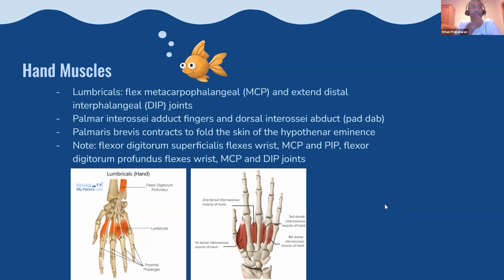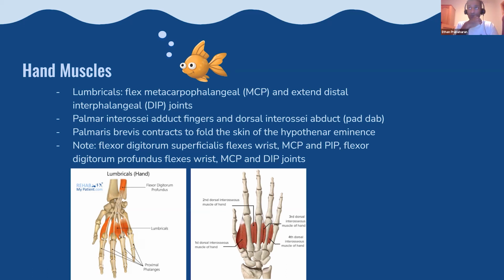Now, aside from the thenar and hypothenar muscles, we have a bunch of muscles that act between the digits. So we have the lumbricals first, and their role is to flex the metacarpophalangeal joints and extend the interphalangeal joints. So if you think about the bones of your hand, the metacarpophalangeal joints are the joints between the metacarpals and the proximal phalanges.